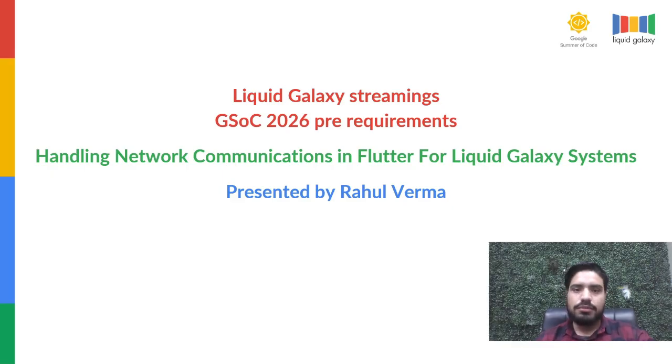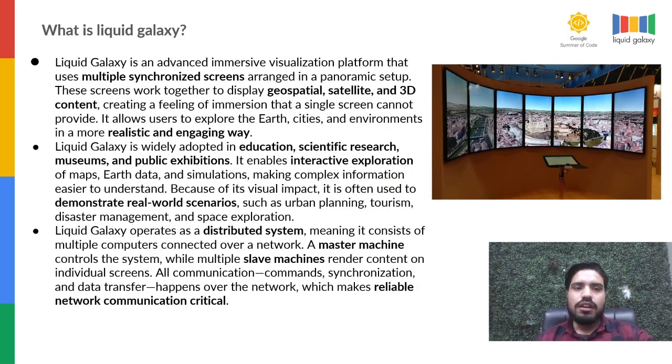So let's jump to the first slide, and we start with our quick intro of Liquid Galaxy. Liquid Galaxy is an advanced immersive visualization platform that uses multiple synchronized screens arranged in a panoramic setup.